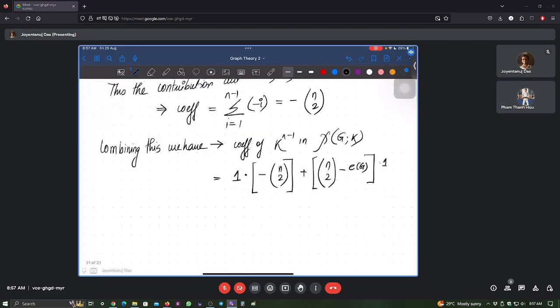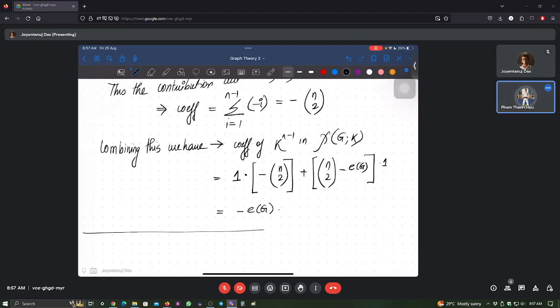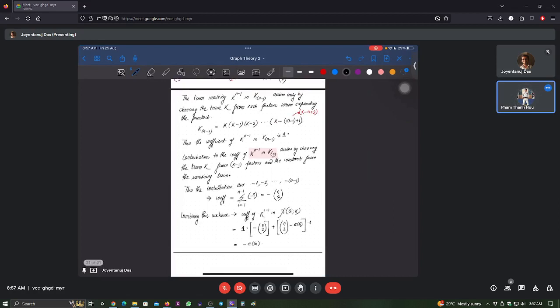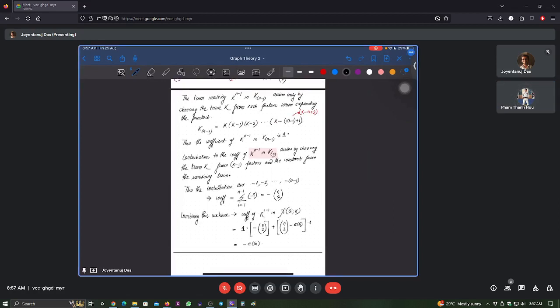If you simplify, we will get minus the number of edges. So this is the coefficient of k power n minus 1.